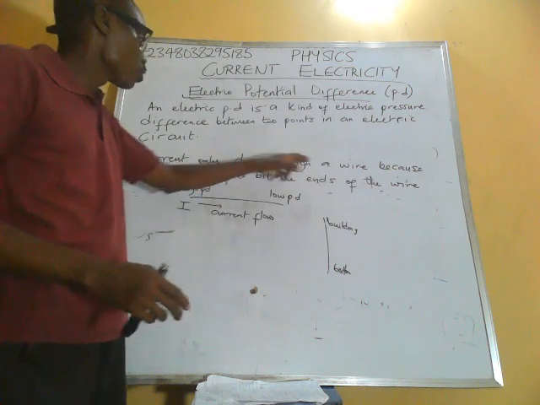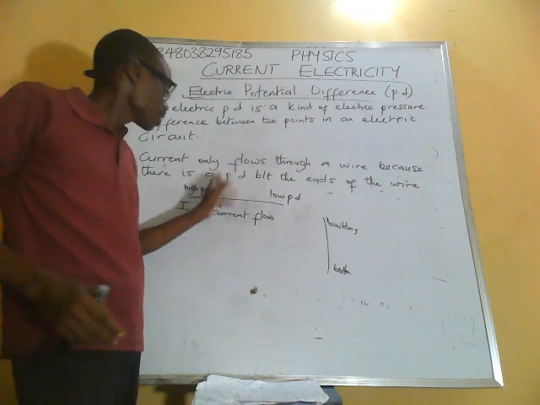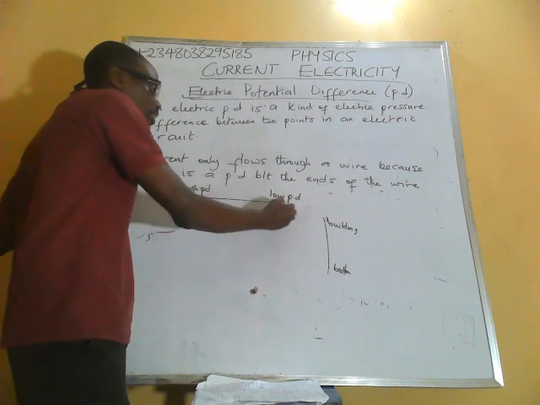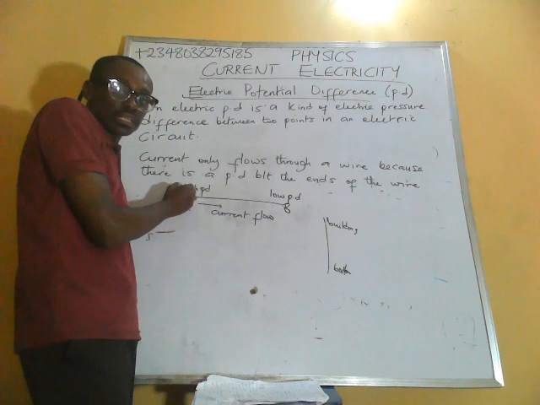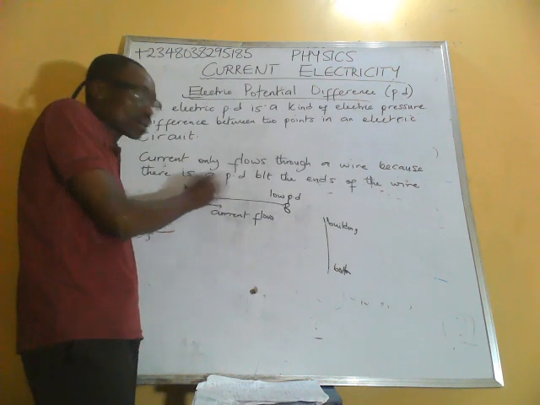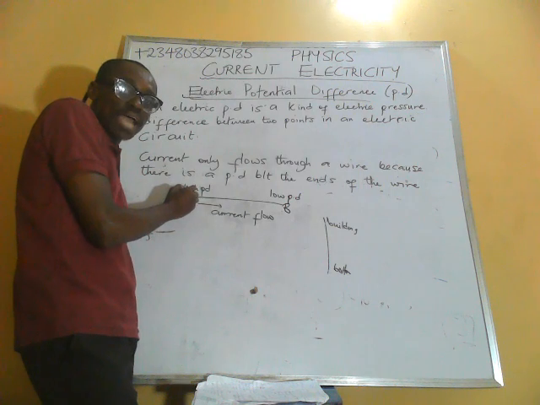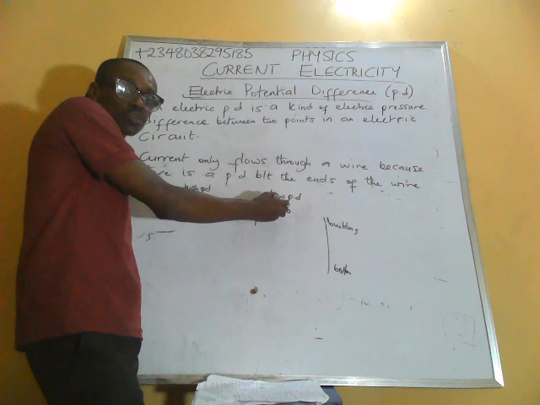So current only flows through a wire because there is a potential difference between the ends of the wire. So let's assume this is a wire. This is point A and this is point B. For current to flow from point A of this wire to point B, point A must be at a higher potential compared to point B. Point B must be at a lower potential.